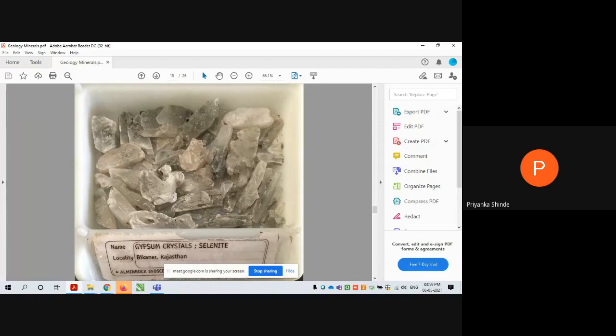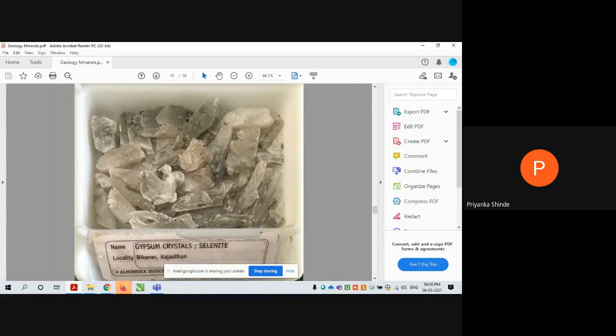It is calcium sulfate, CaSO4.2H2O, that is the composition of gypsum. If you see the hardness of this, it is there in the hardness box at second number, talc, gypsum. So gypsum hardness is 2, so obviously it will have cleavages.